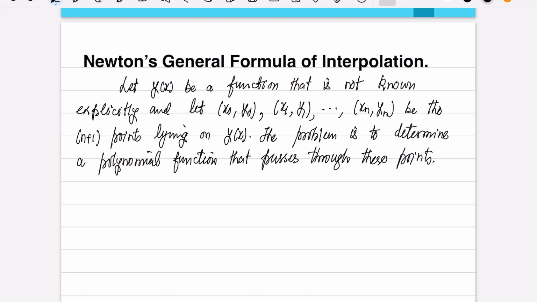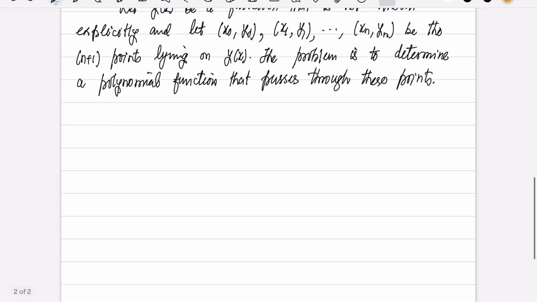So before doing this, we will define the divided differences. We have a notation. Let's define this notation for the points x0, y0 and x1, y1. It is defined as y0 minus y1 divided by x0 minus x1.